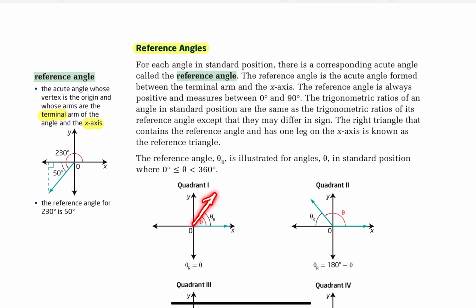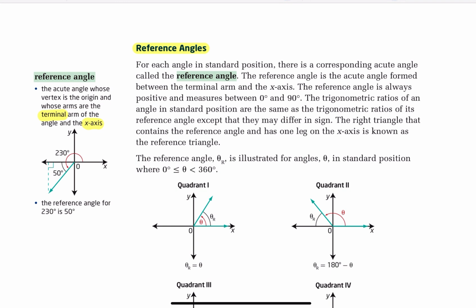From there you can see whether the projection of this terminal arm will be on the x-axis on the right side, or on the left side. For example, for this one, because the projection is on the right side and the starting arm is on the right side of the x-axis, theta is the same as theta r. The original angle is the same as the reference angle.